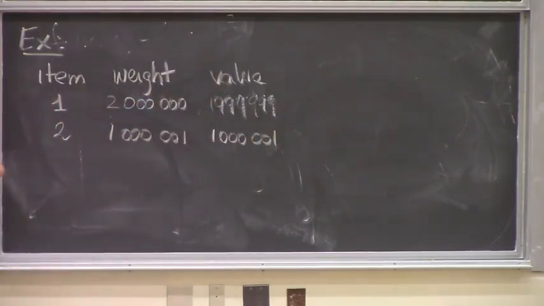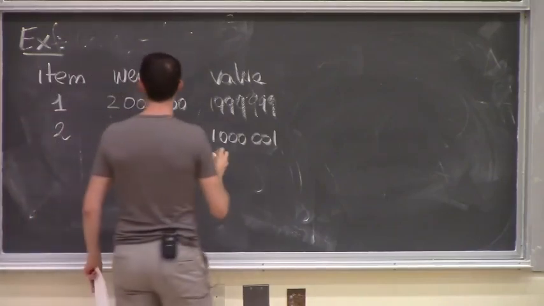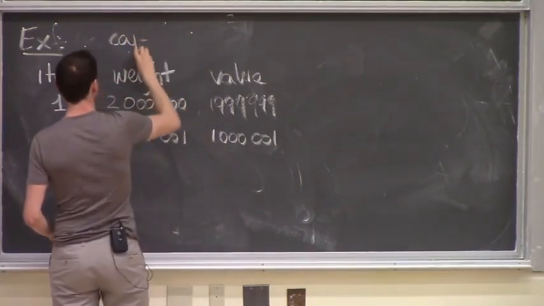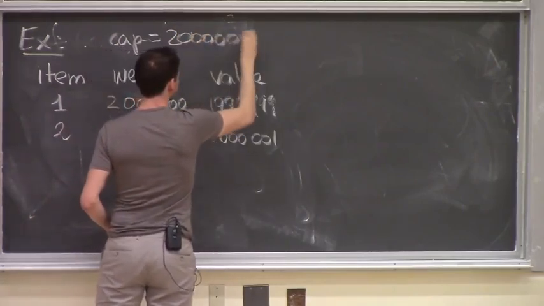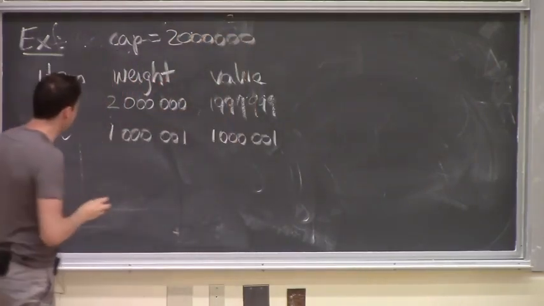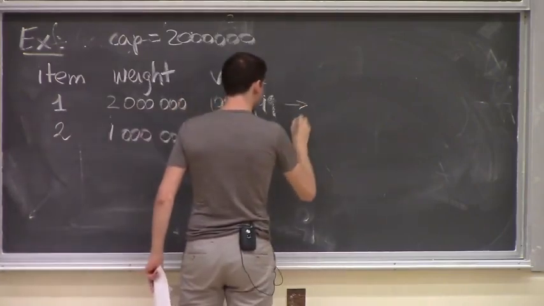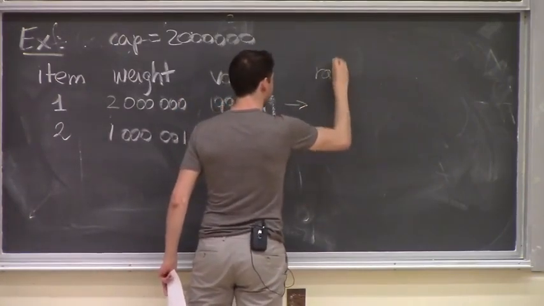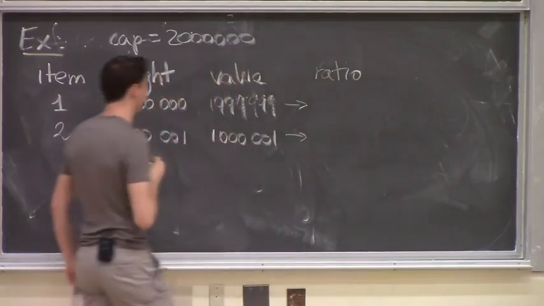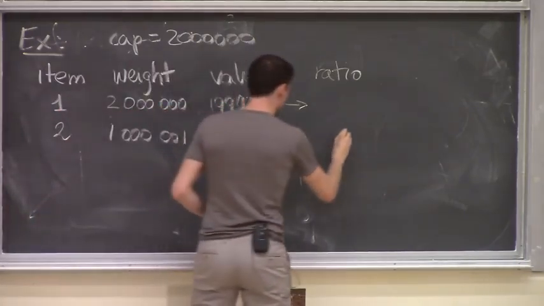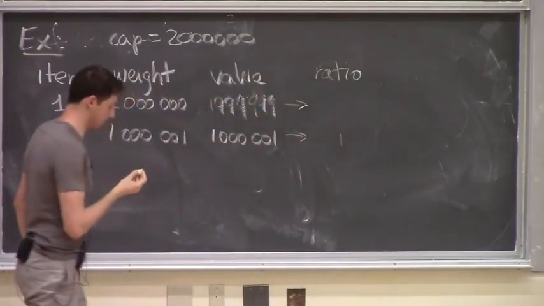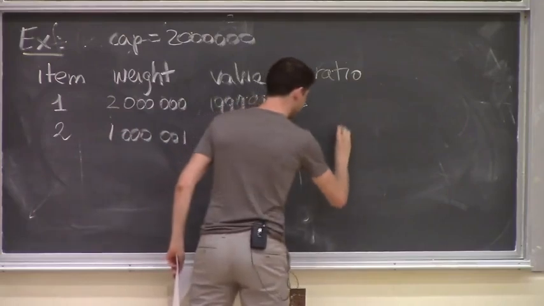So what's happening here? The capacity is going to be precisely 2 million. Let's look at the ratios for these 2 items. What's the ratio of the second one? 1. Good. What's the ratio of the first one? Less than 1, right?